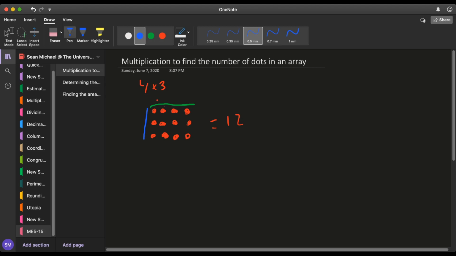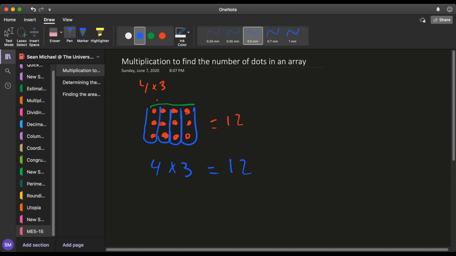You take the amount of columns and multiply by the number of rows, or the other way around. You're saying there are 3 groups of 4 or 4 groups of 3, and you can see it here. There's 4 groups of 3 that I've basically shown. So you just count the top, say 4, and then times it by 3, you'll get what? We know 4 times 3 is equal to 12, the same thing.